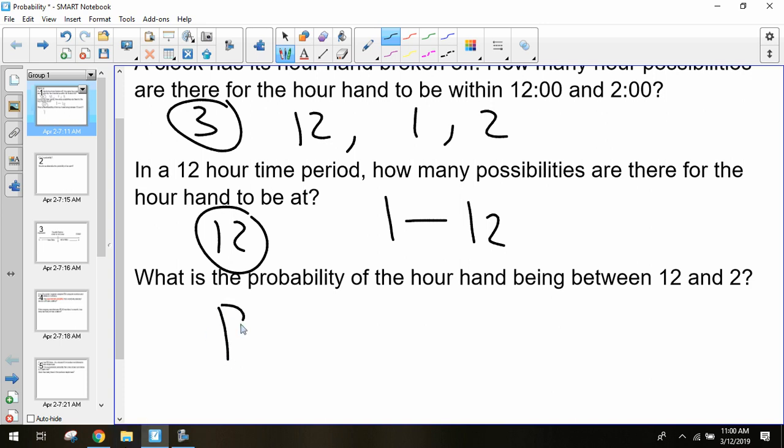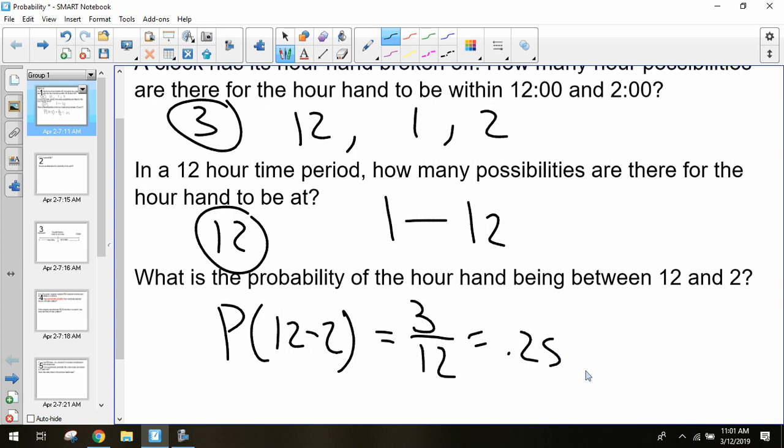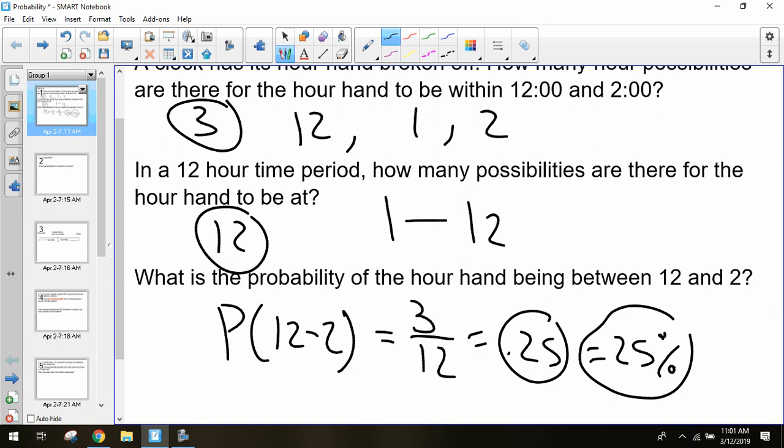So the probability of being between 12 and 2 would be 3 out of the 12 options are the ones we want. If we divide 3 by 12, that gives us 0.25 or 25%. Either of those are correct. So we looked at the 3 possible outcomes that we wanted divided by the 12 total outcomes we have.